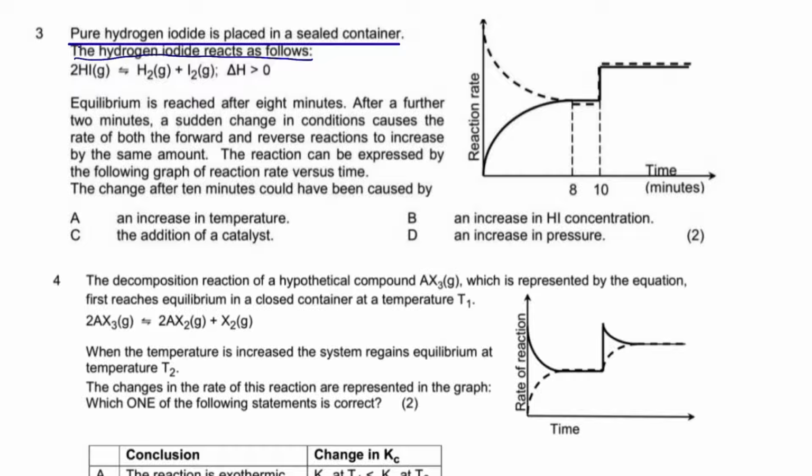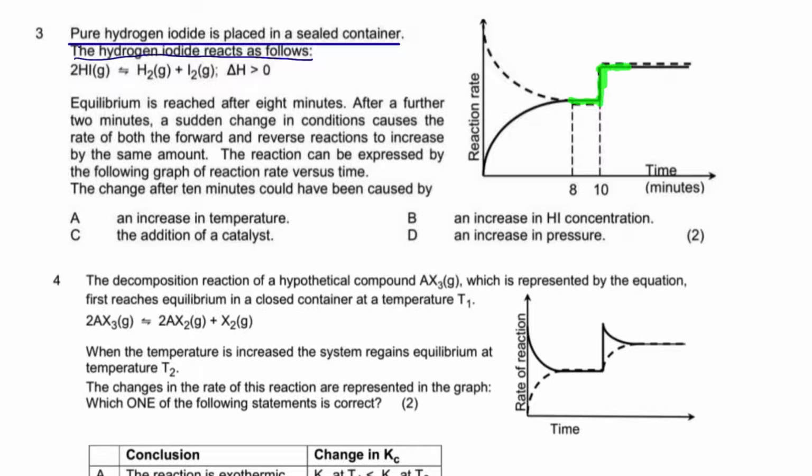If you look at this graph, the rates were different, and then at 8 minutes, that's when the rate of forward and reverse are equal, which is when it reaches equilibrium. And for the next 2 minutes, up until 10 minutes, there was a disturbance there.